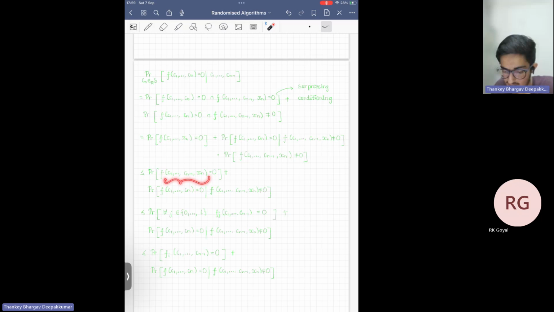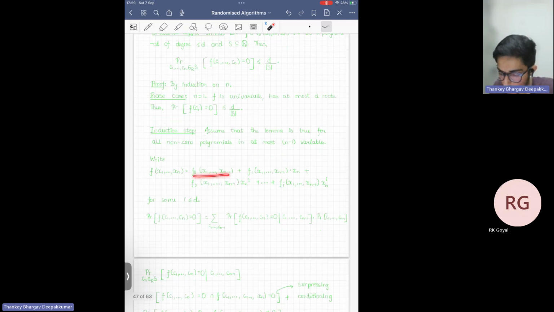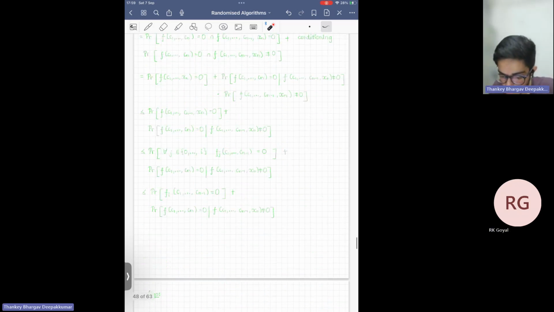But I'm interested in the chance that the univariate becomes 0. I'm asking the question, when can the univariate become 0? The univariate becomes 0 when all of these polynomials evaluated at C1 to Cn minus 1 become 0, right? Yes. And that is exactly what I've written over here.